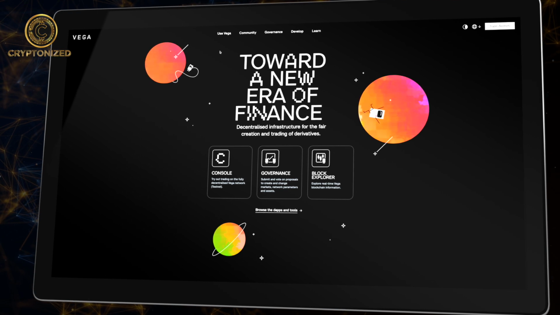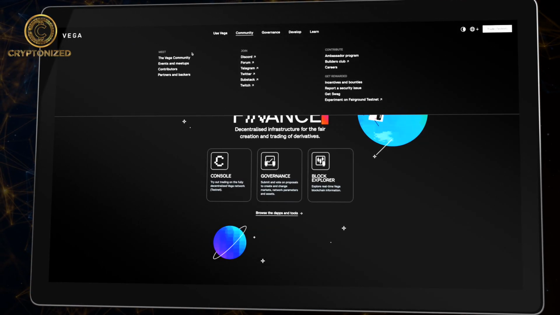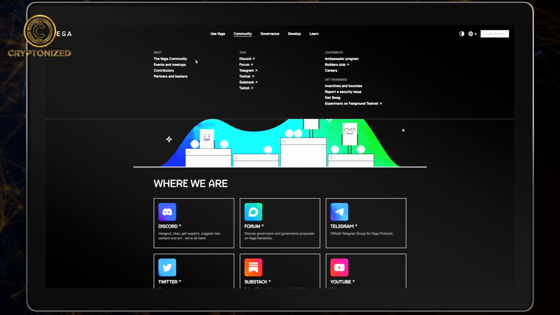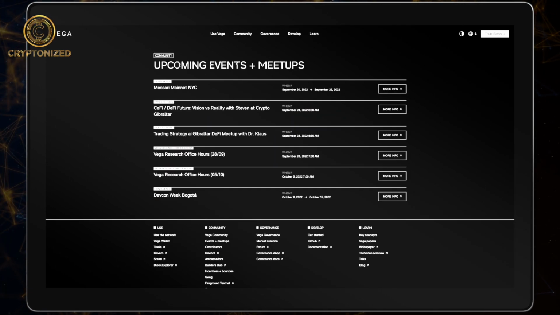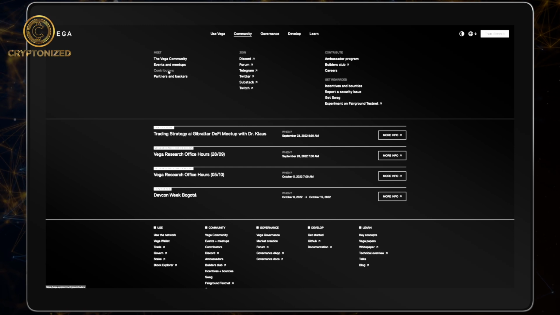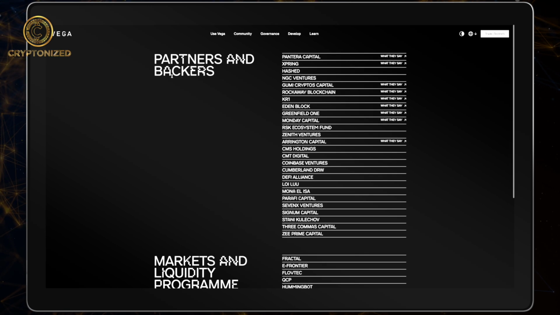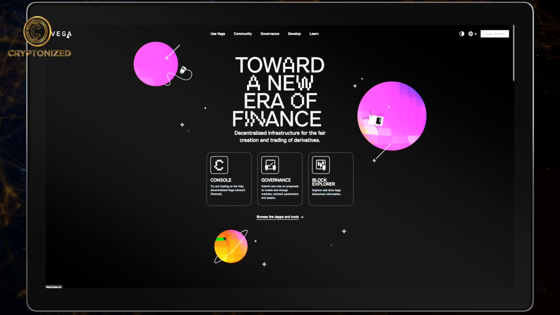So we actually don't launch any markets ourselves. We just simply put the code out there, put the network out there, build a community of people around it, try and work to build secure and good software, and then market makers and creators in the community will come along and create markets on Vega that people can trade in. They will come and provide liquidity, and Vega has built-in incentives for doing those things.